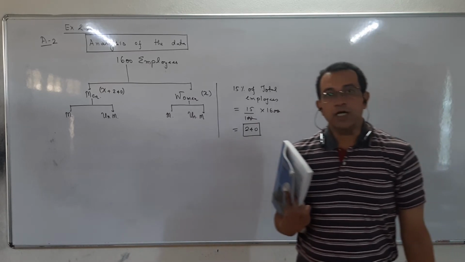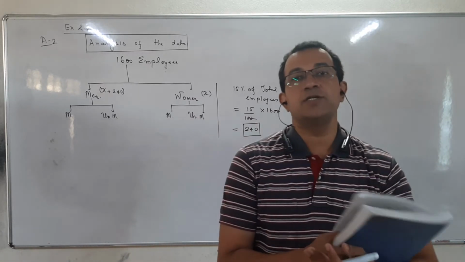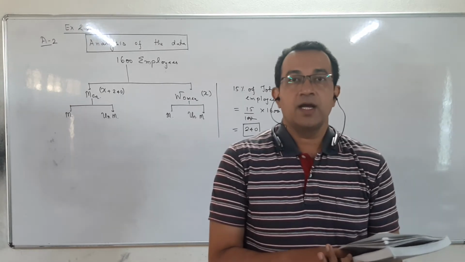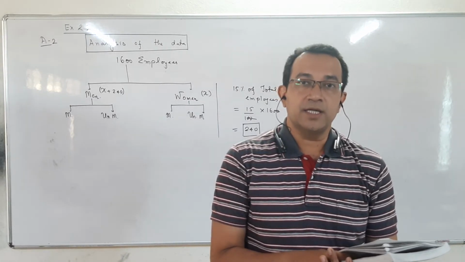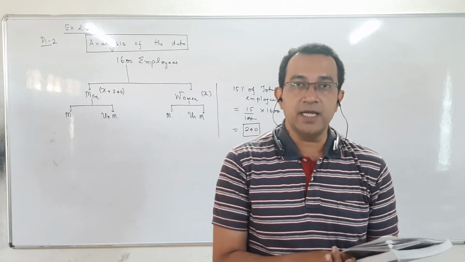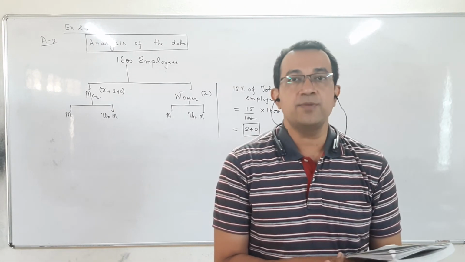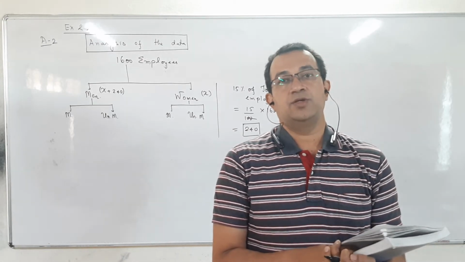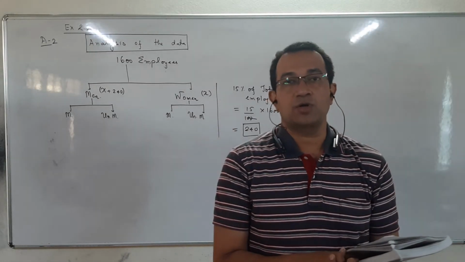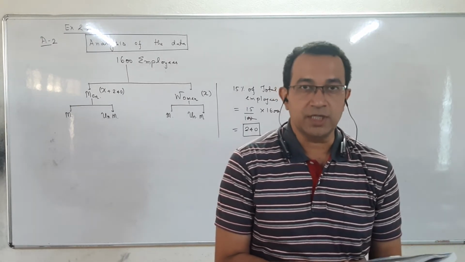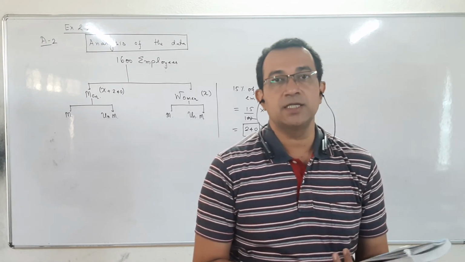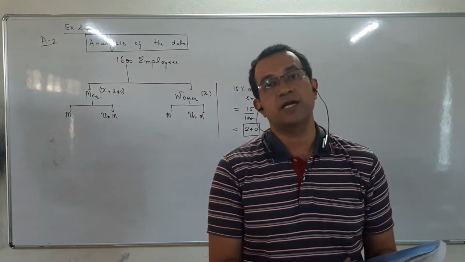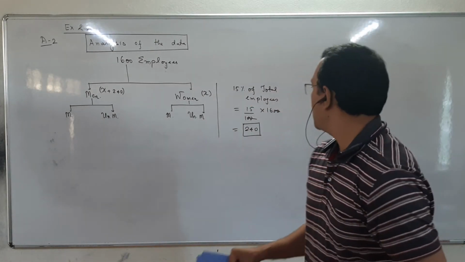I told you again and again, students, in this type of sums, we do not have a formula. Your formulas are your all basic general knowledge mathematical concepts which you have studied from standard 4 to standard 10. So now it is very simple.